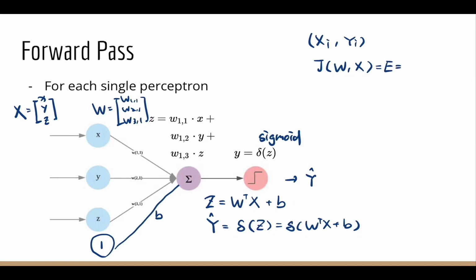First, let's take the L2 distance as an example. It should be 1/2 times the estimated output minus the desired output, squared. So this is basically the forward pass of a single perceptron.